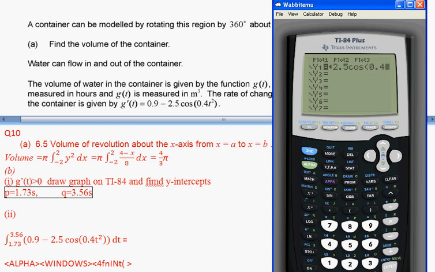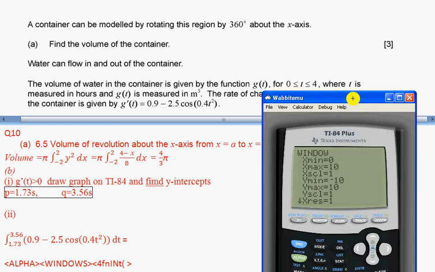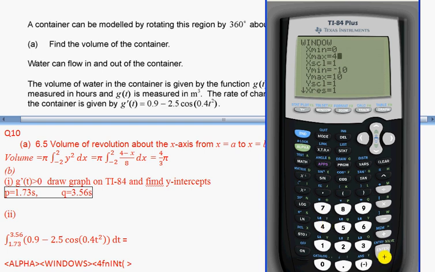Window from 0 to 4, from 0 to 4. Draw. Now it draws correctly. Something was wrong, so you should switch off or clear the random memory to set the calculator back.